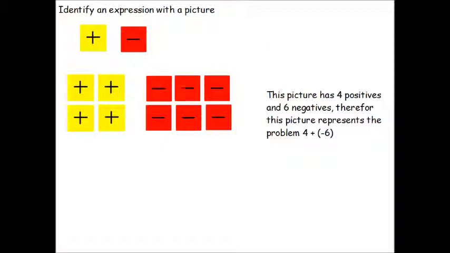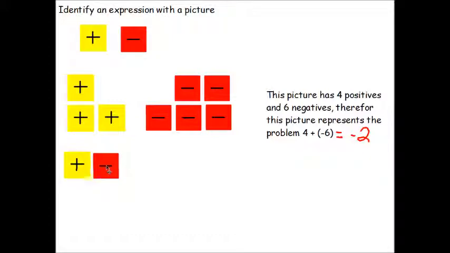Now, if I wanted to solve it, I could just do it by hand over here, and I know that these are different signs, so I'm going to subtract them and keep the sign of the greater absolute value. So 6 minus 4 is 2, and I have more negatives with the 6, so it's going to be a negative 2. But we can check that in this picture, and I can combine a positive and a negative to form something called a zero pair, which cancels those out.